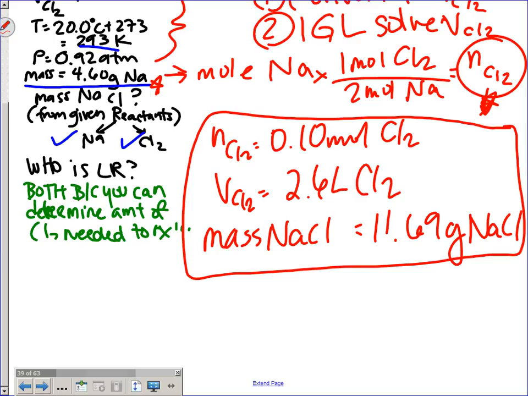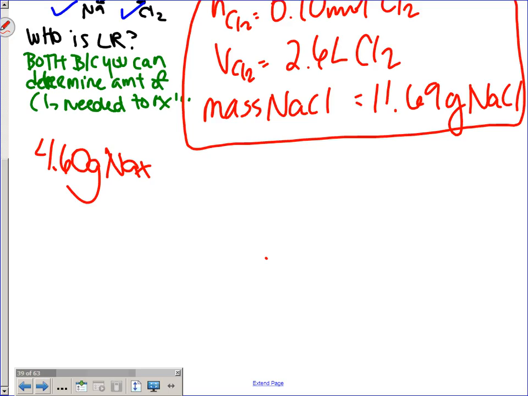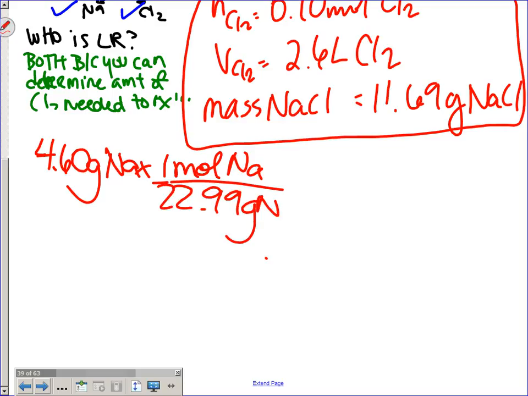If you got something different, let's talk about it. If it's really close, wrong or not, let's take 4.60 grams of sodium. 1 mole of sodium weighs 22.99. And then you would take your sodium.